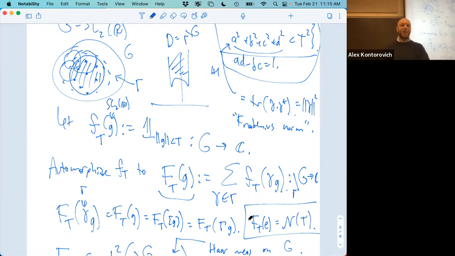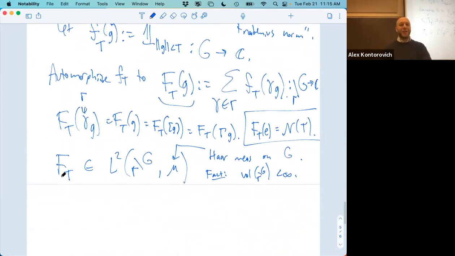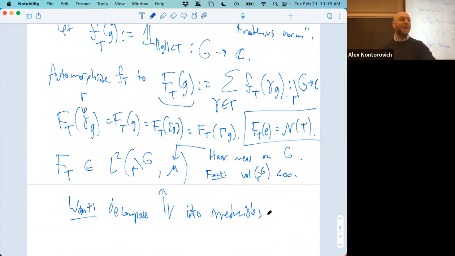So I'm going to try to understand the count by understanding the function F. And what I'm going to do with the function is decompose it. So we'll want to decompose this V into irreducibles. Or maybe not all the way down to irreducibles.